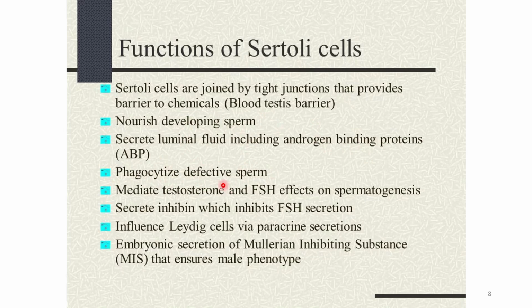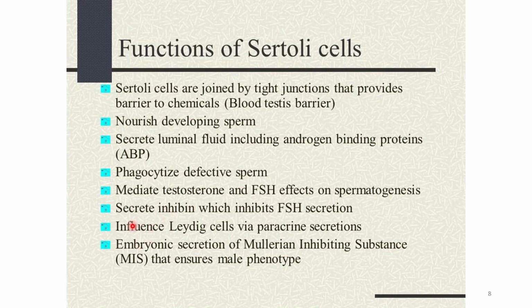They mediate testosterone and follicle-stimulating hormone effects on spermatogenesis. They secrete inhibin, which inhibits follicle-stimulating hormone secretion. So it secretes inhibin and androgen-binding proteins, but it doesn't secrete testosterone and FSH.